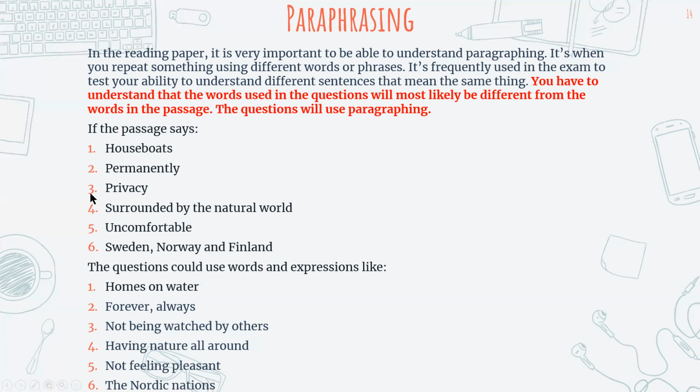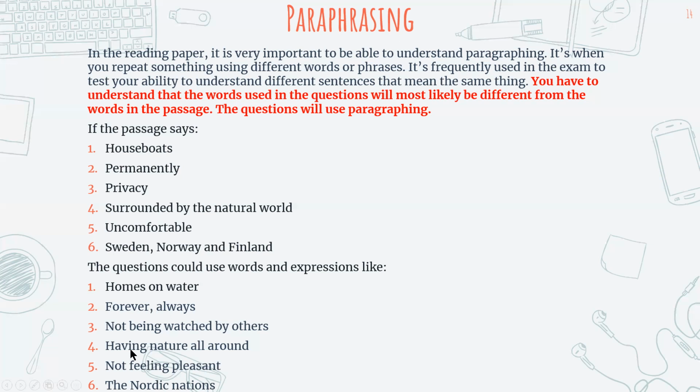If the passage says privacy, you could find an expression that means the same thing in the question, like not being watched by others. Not being watched by others, it means that you have some privacy. Okay. Surrounded by the natural world. It could mean having nature all around. Your ability to understand these synonyms will help you get a high score in the exam.